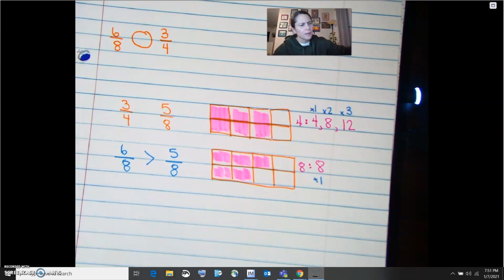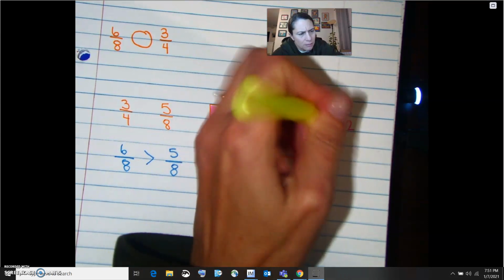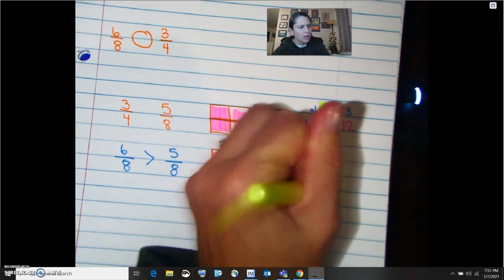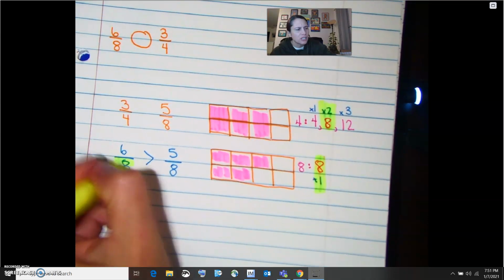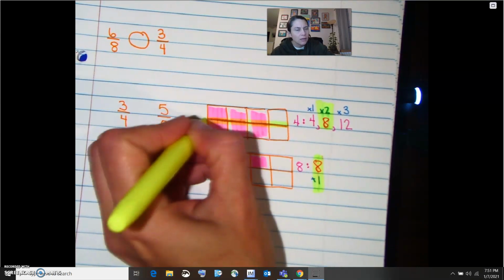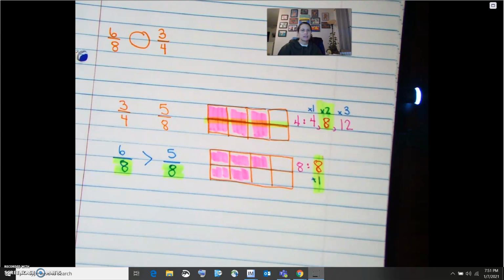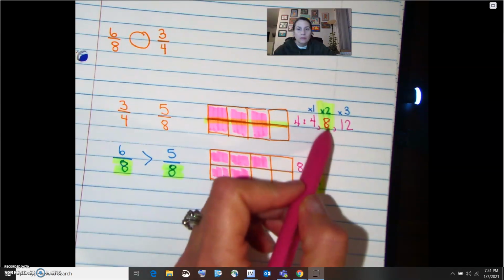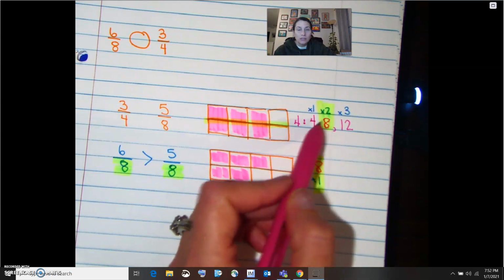We know that the eighths are the same. That's what our common denominator is here, and that's what we changed it to, when we made those into eighths. Now, when we made it into eighths, what did we do? If I look right here, to change this 4 into eighths, what did I do?